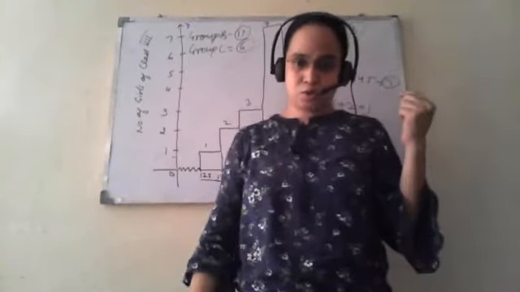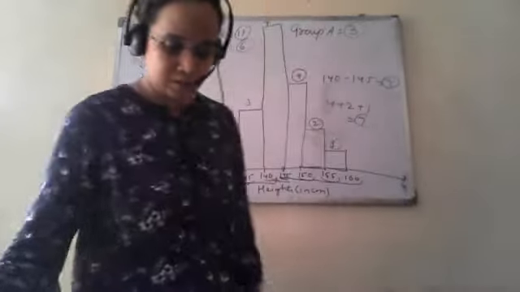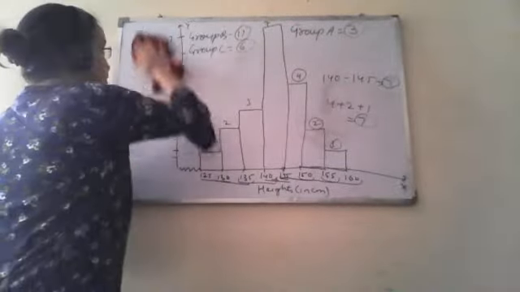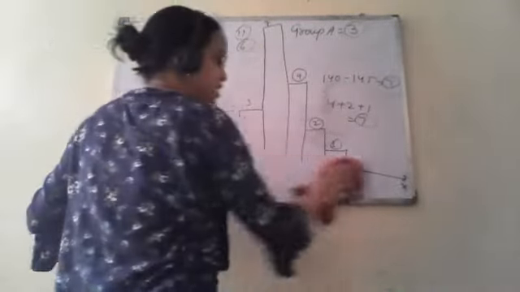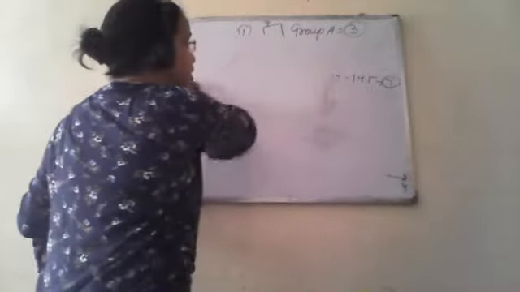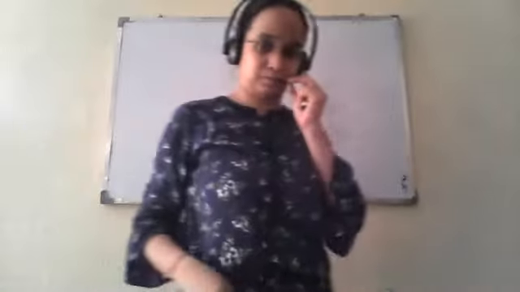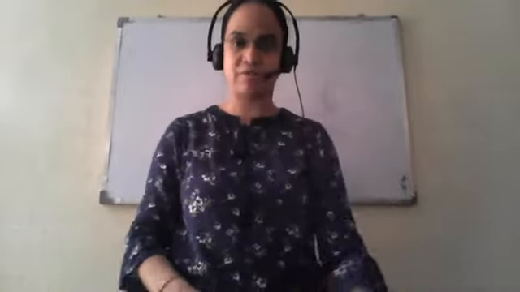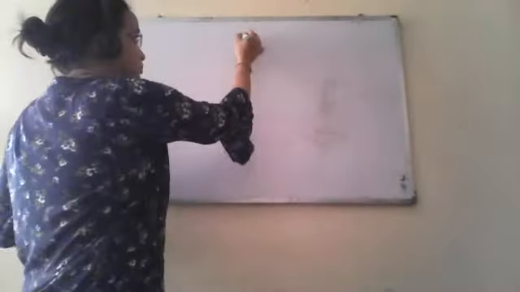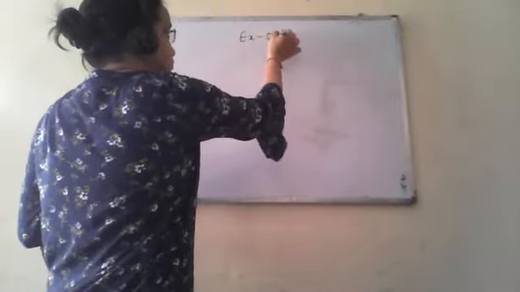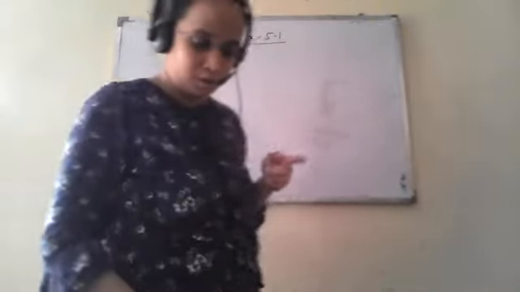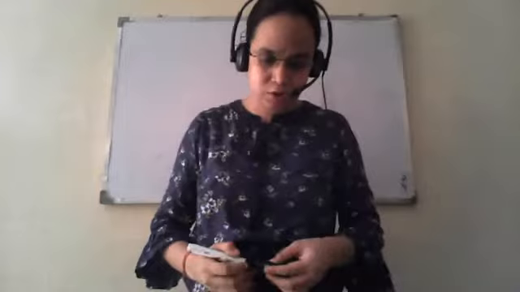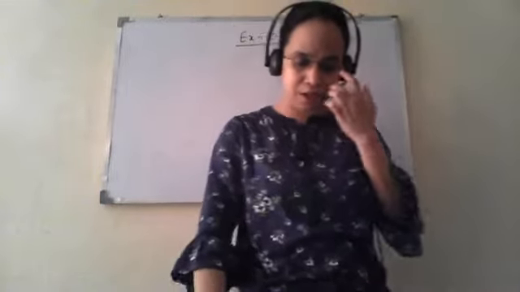Okay, so we will see exercise 5.1. The first question we will see, and the rest of the exercise we will look at in the next video. First question: for which of these would you use a histogram to show the data?